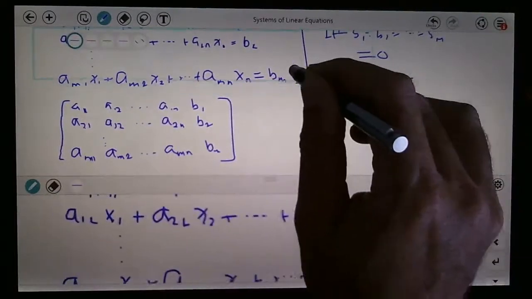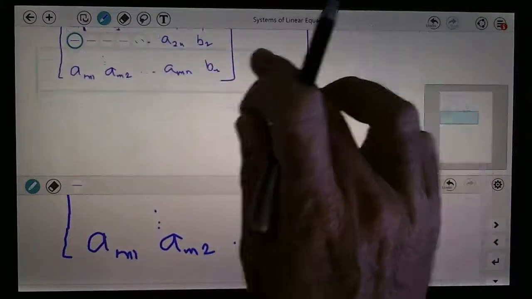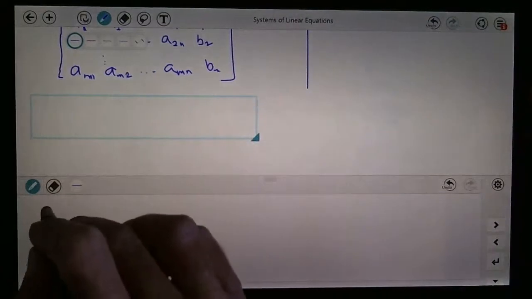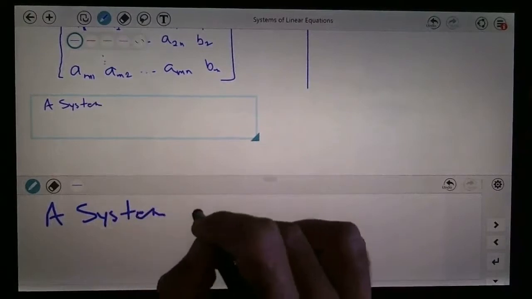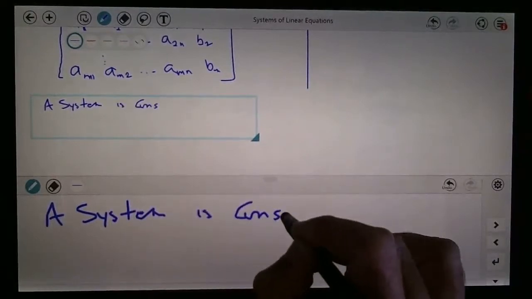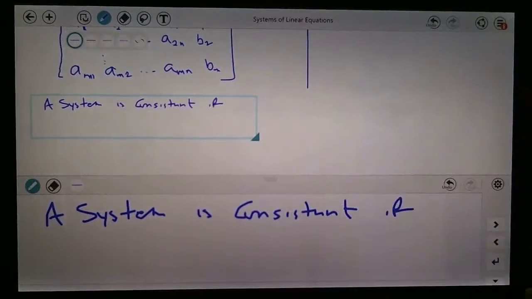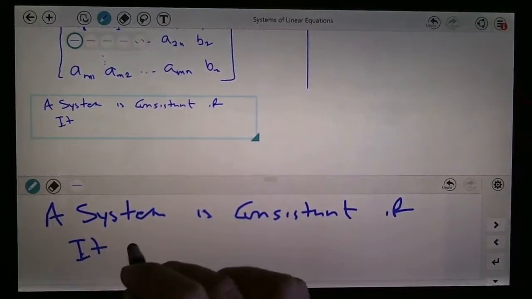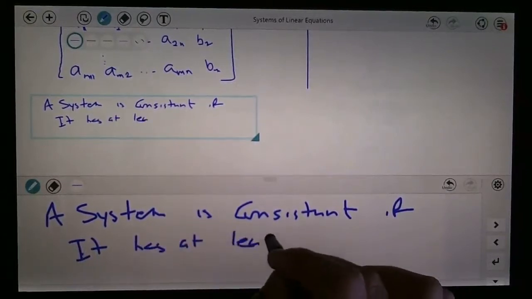We say a system is consistent if it has at least one solution.